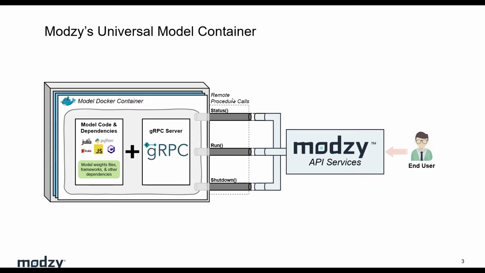And so as we talk about these methods on a server application, this is exactly what we mean. On the model container side of things, we'll have this gRPC server in addition to a Modzy wrapper around your model code that can respond to these 3 remote procedure calls. And then on the other side of things, we'll have a gRPC client internally within the Modzy platform that will communicate back and forth with your model container.